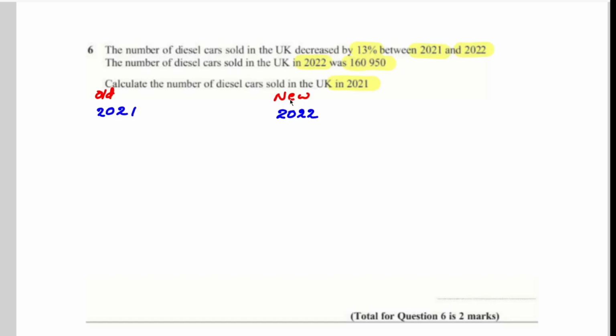Always when two values are given, identify which one is old and which one is new. Now below each year write the value that you've been given. The number of diesel cars sold decreased by, so this is another key point, decreased by 13%. Decrease, therefore, minus 13%.